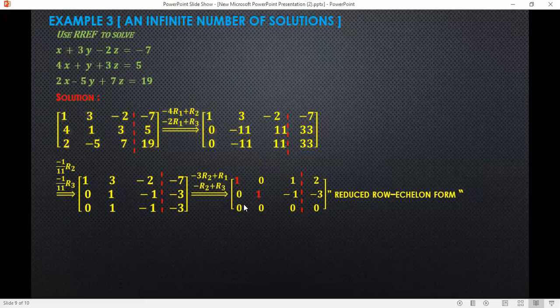So what I can say is that here we get the pivot column. Here we get 1, here we get 1. Here it must be 1, but we don't have 1. So this is called the first pivot column, this is the second pivot column, and this is the third, which is not a pivot column.